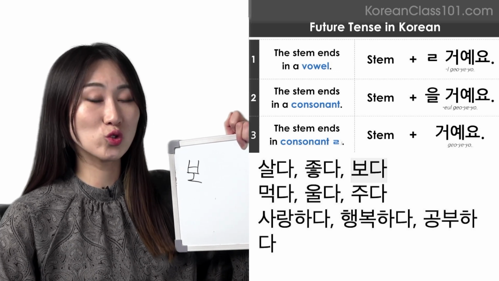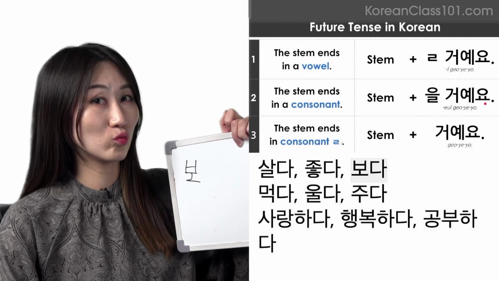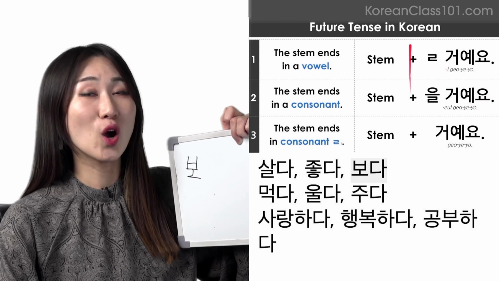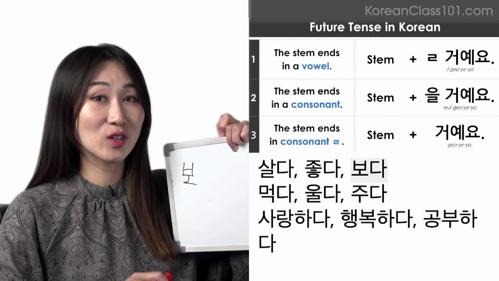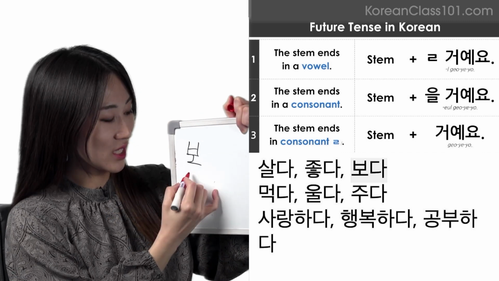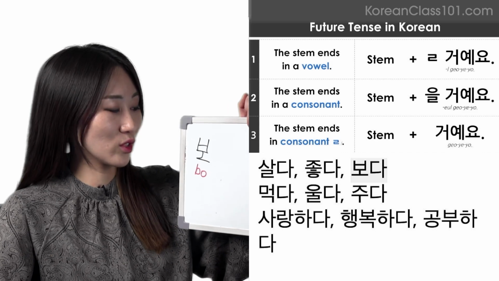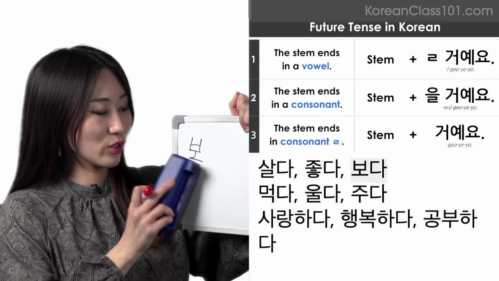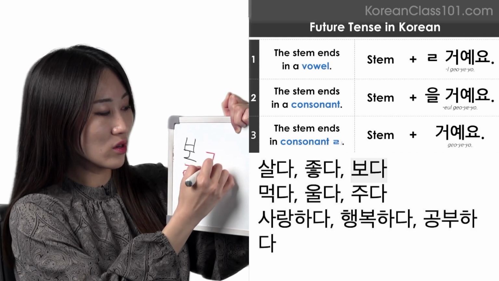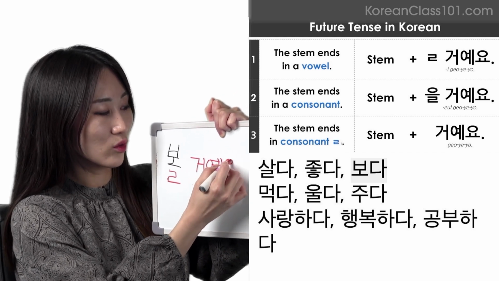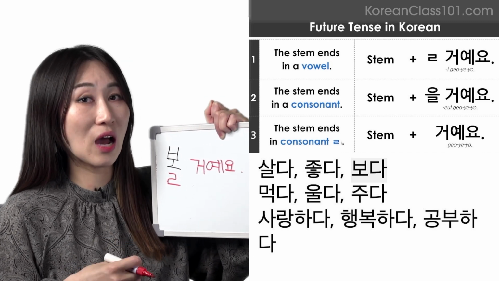So which one should I use, 을 거예요 or ㄹ 거예요? Simple. It ended with a vowel sound, right? It sounds like 보. So I will use ㄹ 거예요, as in 볼 거예요. It means I will watch or I will see.